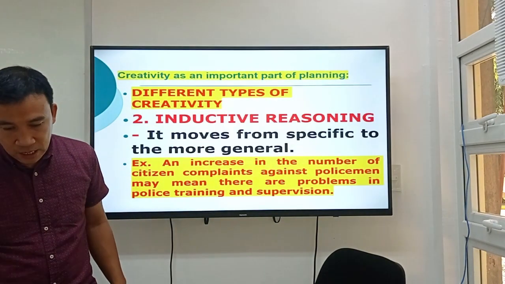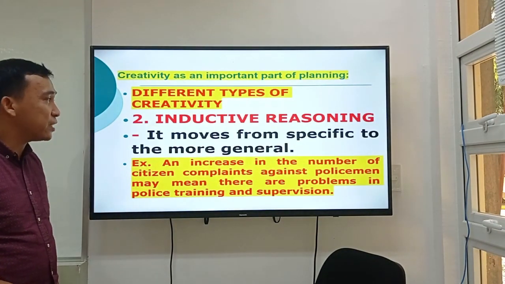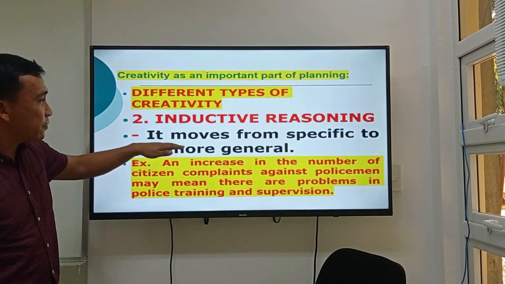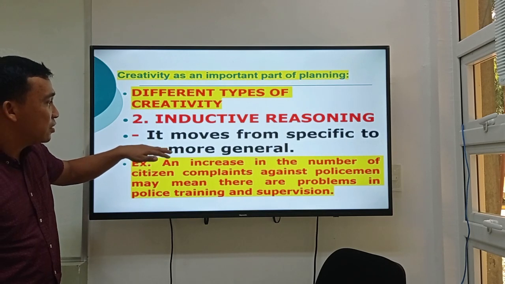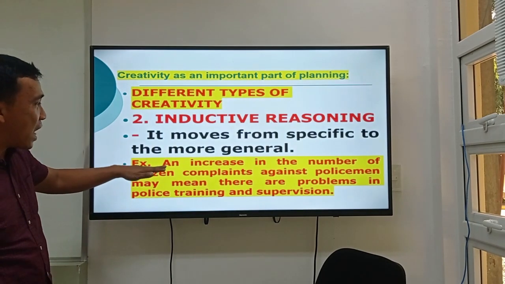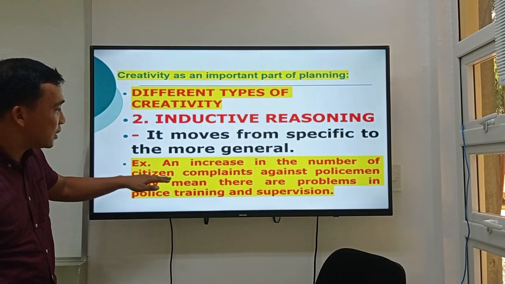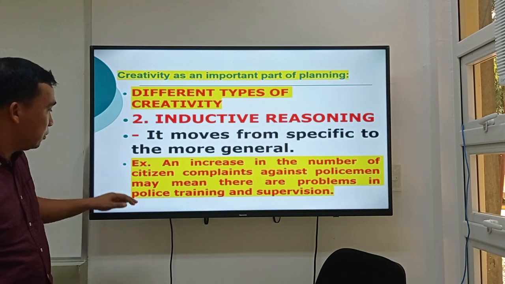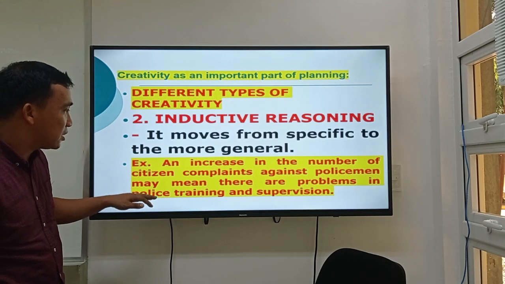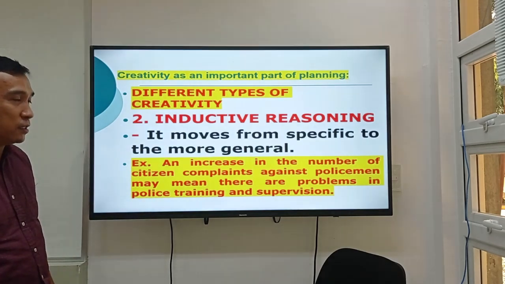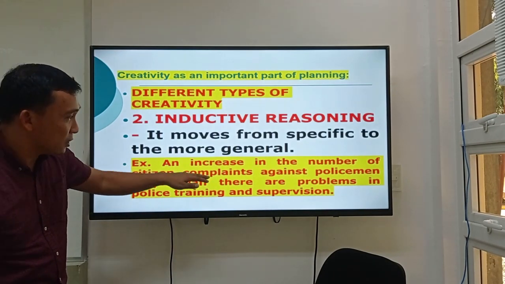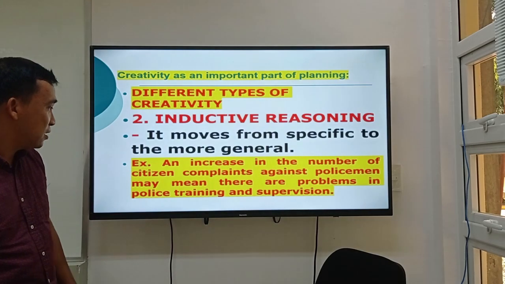Second, inductive reasoning. Meaning, it moves from specific to the more general. Okay, paano yan? Example, an increase in the number of citizen complaints against policemen may mean there are problems in police training and supervision. Ulitin ko, an increase in the number of citizen complaints against policemen.